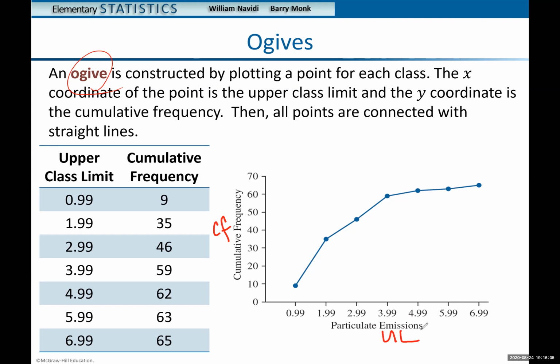So for the upper limit, the first cumulative frequency is 9. So here it's 9, then 35, then 46, then 59, 62, 63, and 65. And then again, just use a straight line from point to point. And that is your cumulative frequency graph.